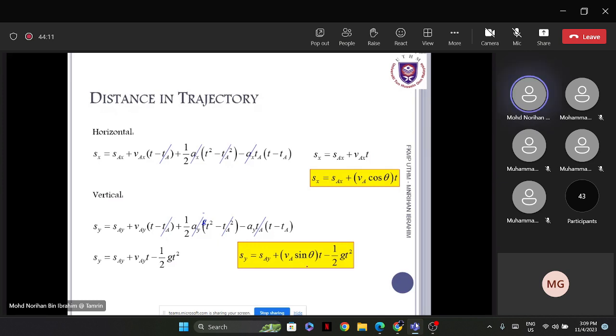So yang ni sebenarnya dia expand. Let's say for this VAX dia akan jadi VA cos theta, for example. The component of velocity in the x direction, the initial velocity ataupun the final velocity. This depends.